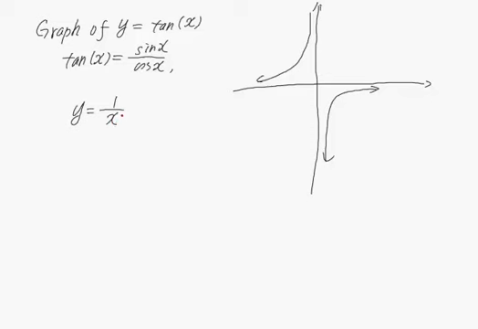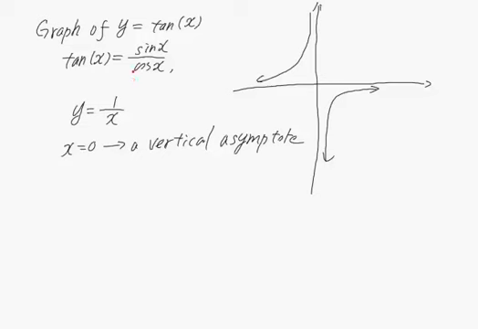So actually, at the points where the denominator is equal to 0, we have the vertical asymptote. So this guy, x equal to 0, is a vertical asymptote, right?